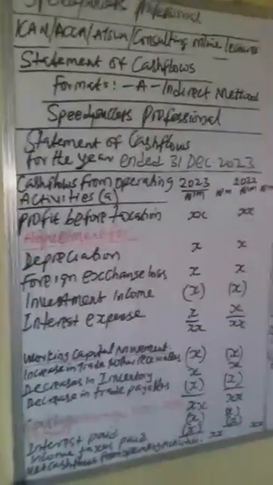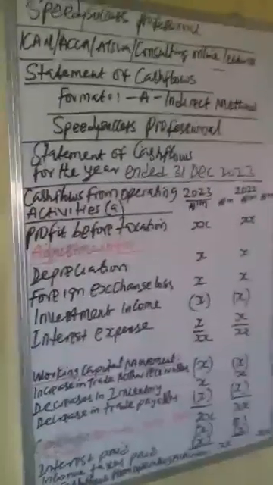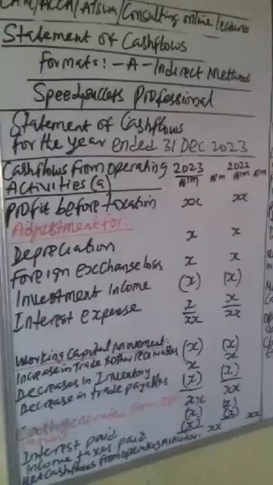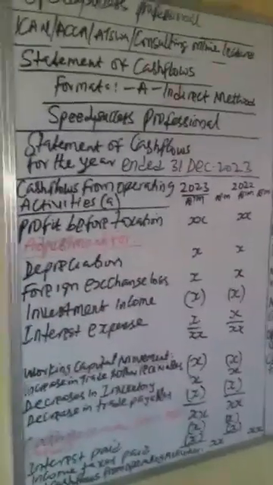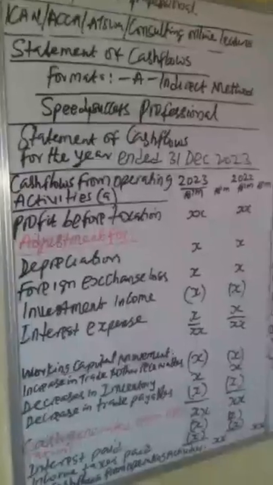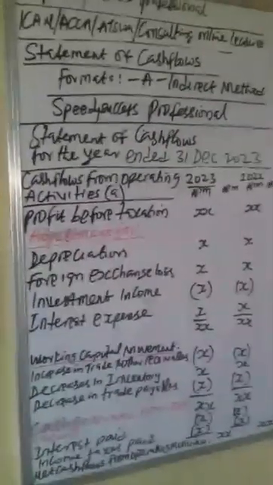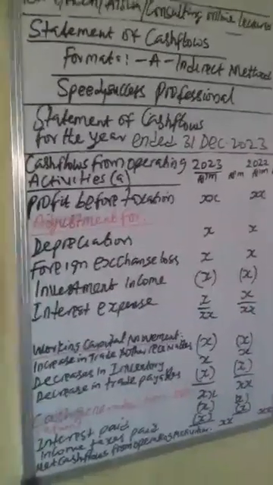And they are also to give you a statement of profit or loss and other comprehensive income for the period. For example, this statement is for 2023. So if it's for example purposes, we are supposed to have a statement of financial position of 2022 and then of 2023, and the profit or loss for 2023, before we can do this presentation.